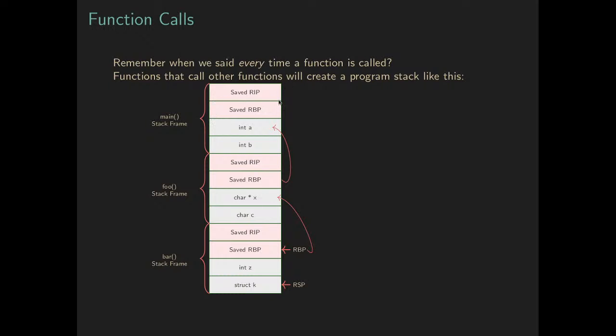And then you have the saved RBP when you push RBP to stack, and then you have the local variables, and then you call a function, and that function saves the RIP again, and then the RBP points to the stack frame of the previous outer function, and then you just keep pushing stuff down every time you call a new nested function. And then RSP would be at the very top of the stack.